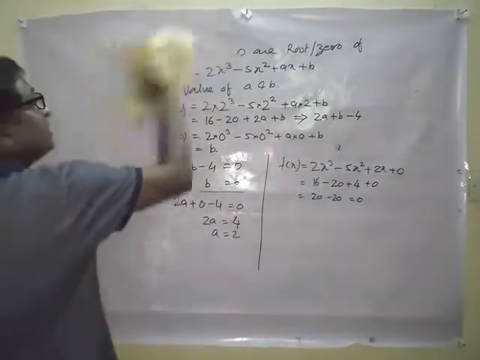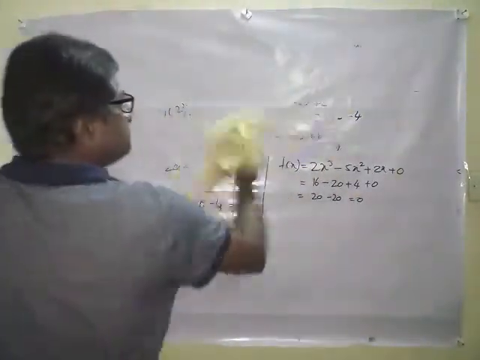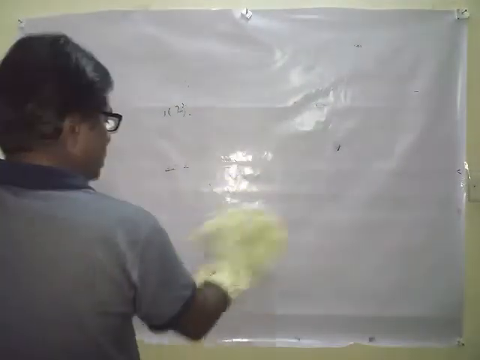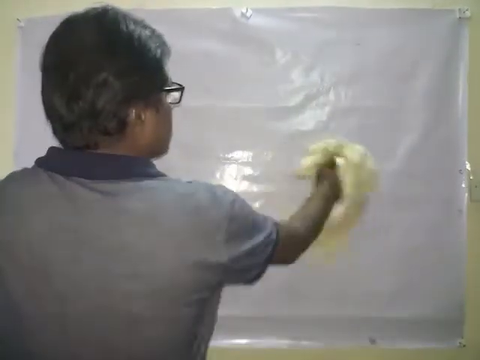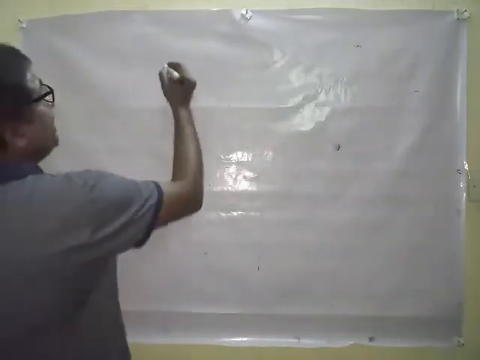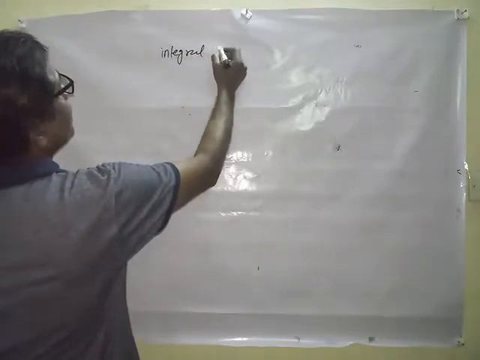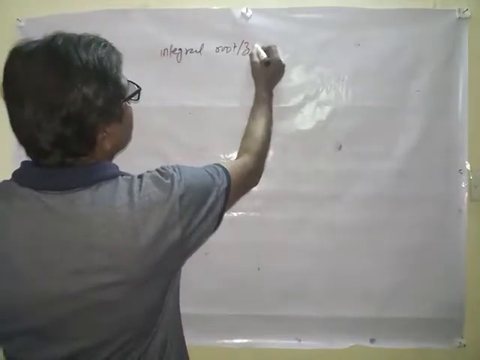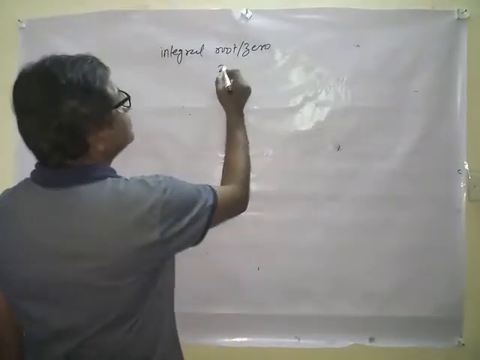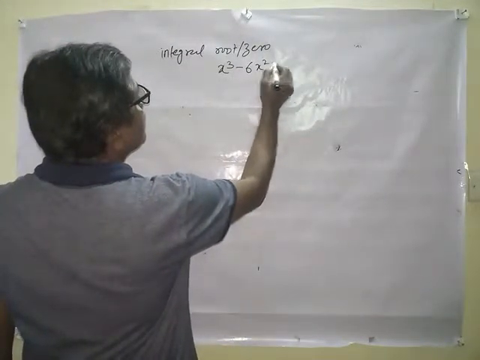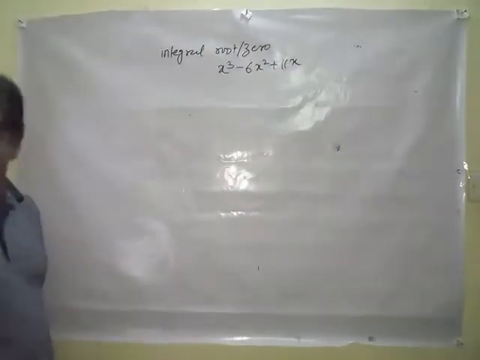Now let us take another example. Find out the integral roots or zeros of the polynomial equation x cube minus 6x square plus 11x minus 6.